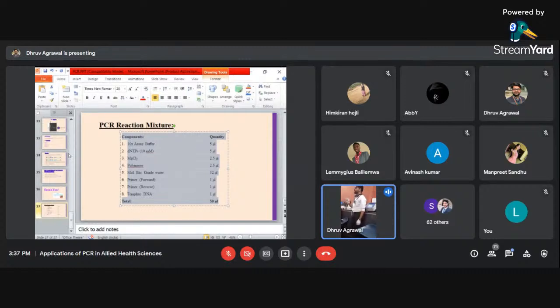Okay, so if I design my reaction for 50 microliters, how much buffer should I be adding? It is a 10 times concentrated buffer. 3 microliter. 10 microliter.